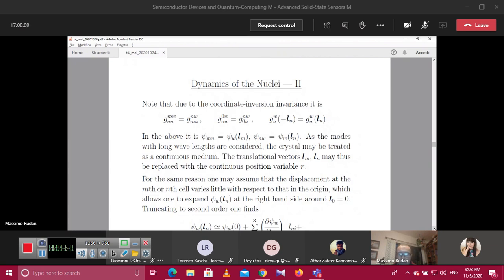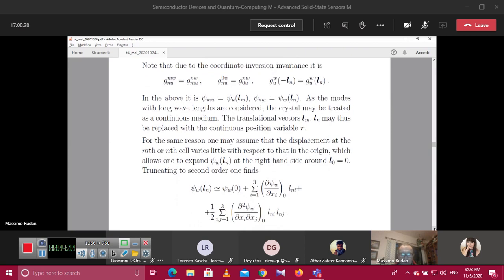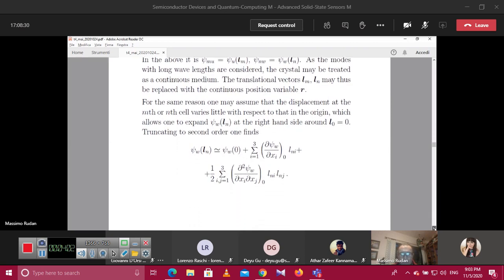These are pure formal properties, okay? They are not simplifications, they are just properties of the lattice, okay? But another simplification that we can introduce is still related to the use of a long wavelength.